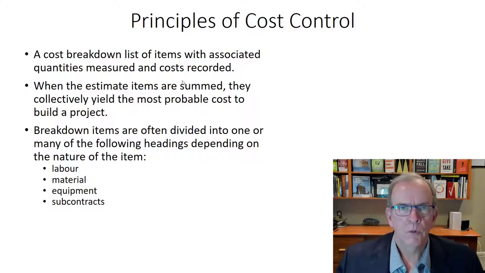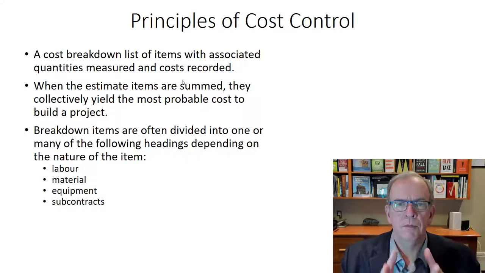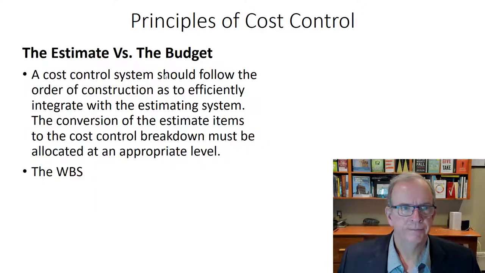What was the estimate, or the supplier amounts, and how do the actuals compare to the estimate? Same with equipment. If we're renting equipment, how many hours, days, or weeks did we use it, and what was it used on? And of course, we need to make sure we have all of our subcontracts procured, and how are they matching up with the estimates we had for those particular subcontracts?